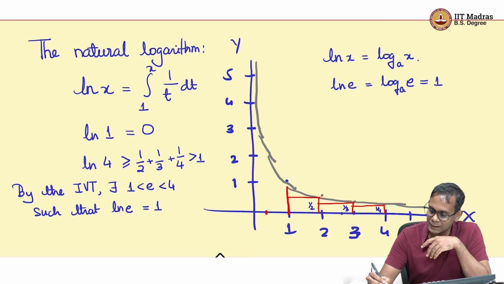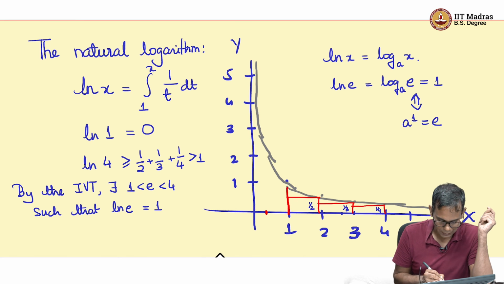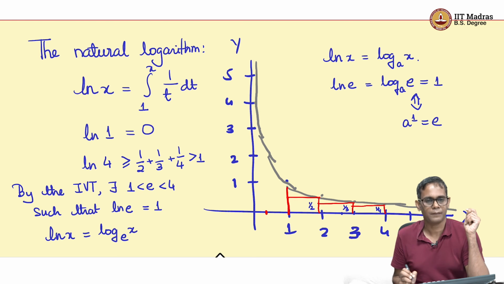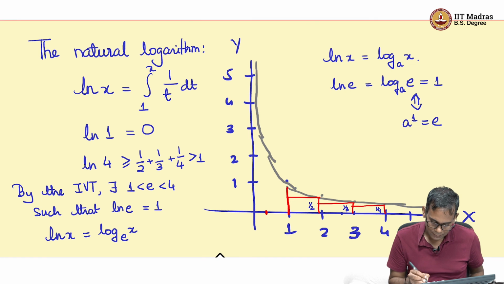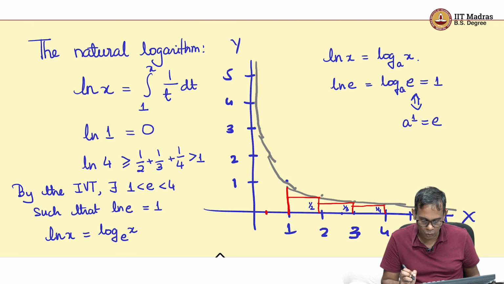And this is the same as saying that A to the power 1 is equal to E, but A to the power 1 is just A. So, A is equal to E. So, natural log is just log to the base of this magic number E. This E stands for the mathematician Euler, and it is sometimes called Euler's constant.